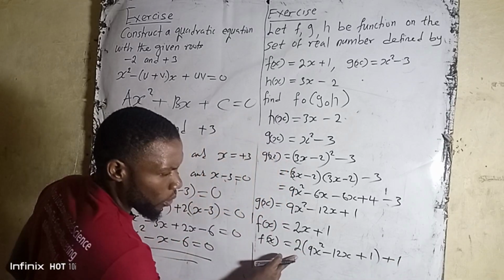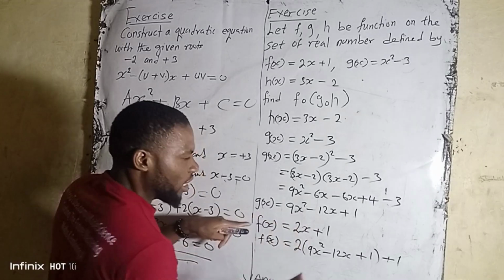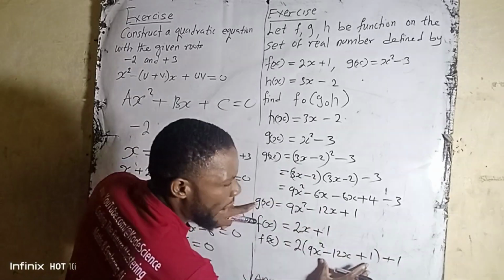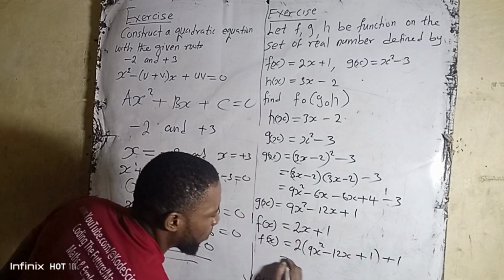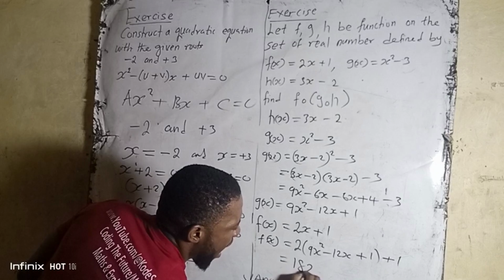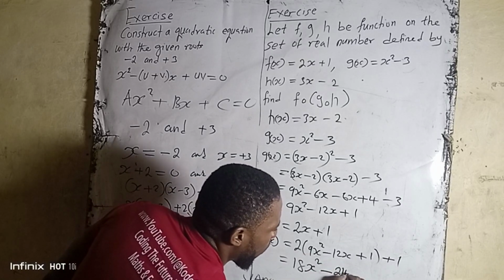That means this is all times 2. The x is the input. Well, what is the input? The f of x is seeing g of x as just x, and we have to put it here. Then we do what? We multiply. 2 times this, we are going to get 18x squared. Then we have minus 24x.